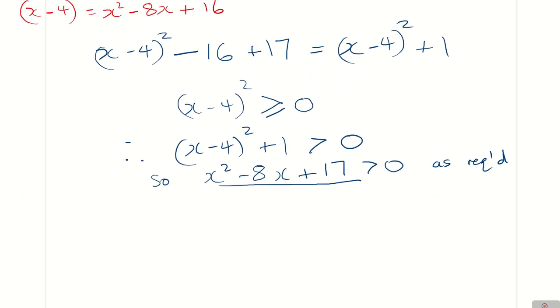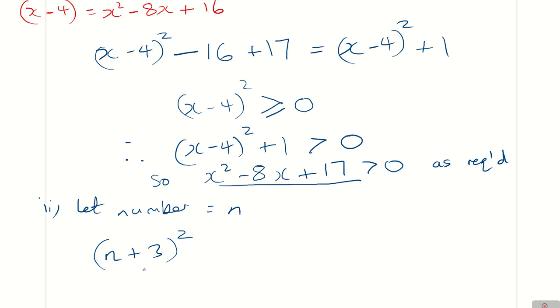It told us that we add 3 to a number. So let the number equal n. If we add 3, we get n plus 3, and then we square it, we get n plus 3 squared.